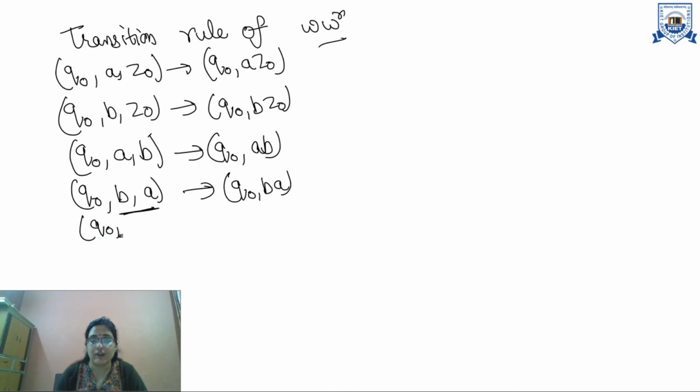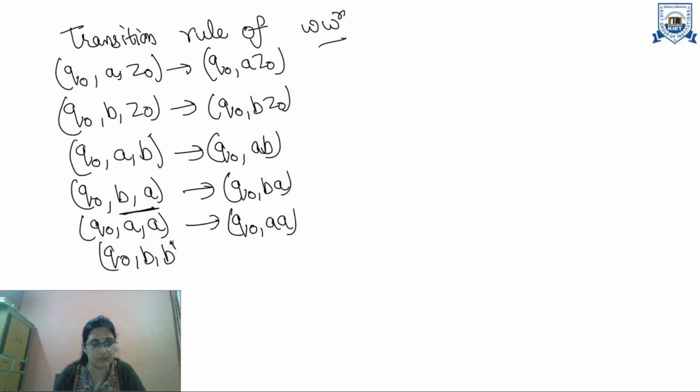Now, if I am in state Q0 and input symbol is A, top of the stack is again A. Now, for the same input symbol, I have to perform two things. As I already discussed, first of all, I have to use the push operation, and second, I have to perform the pop operation. So, first of all, I am going to perform the push operation for same input symbols.